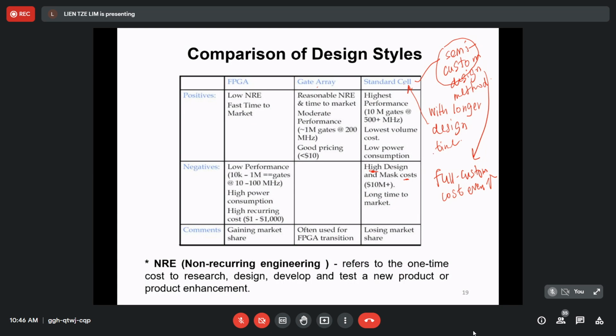So these are the drawbacks for standard cells and full custom. This one you have to understand. You have to understand the difference between all of these design styles, and their drawbacks and advantages.